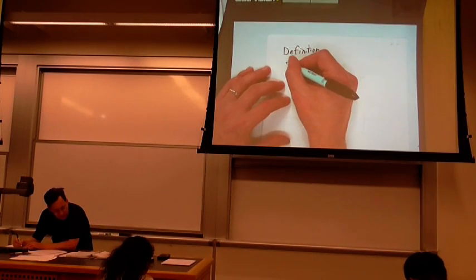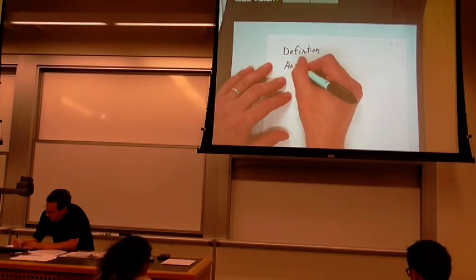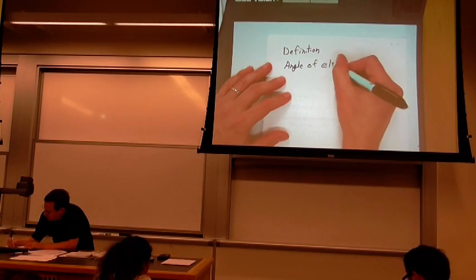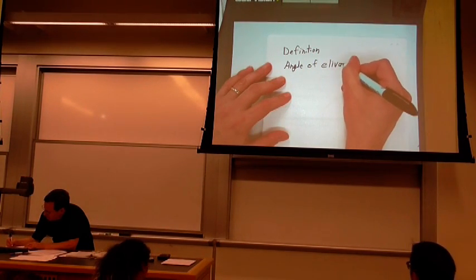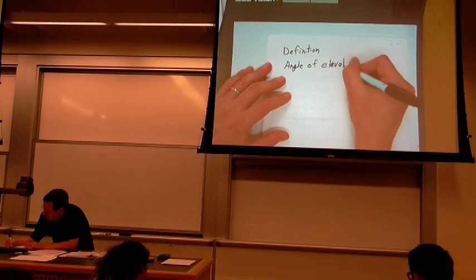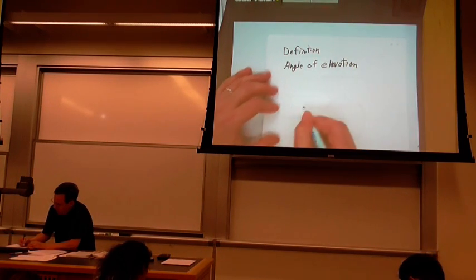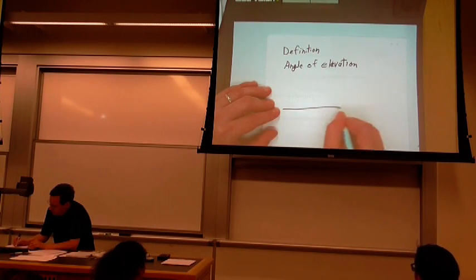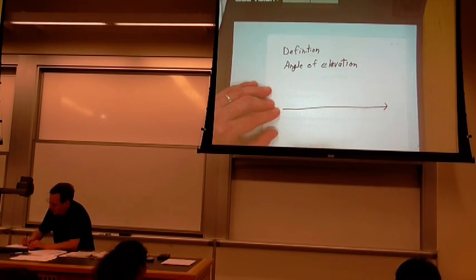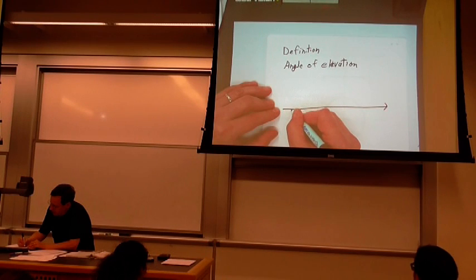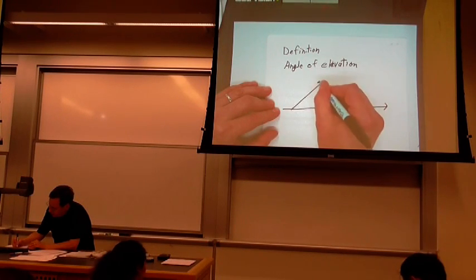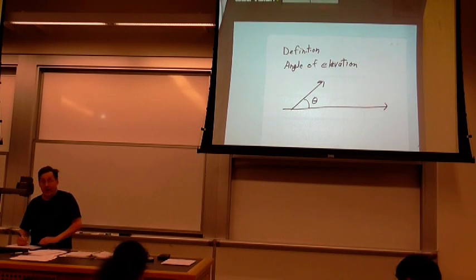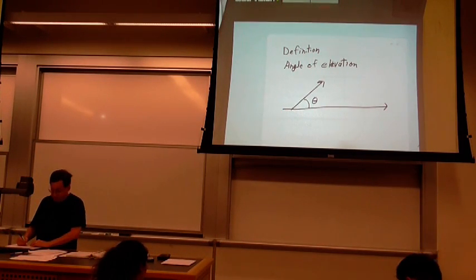The first is the angle of elevation. And what that refers to is if you have some kind of horizontal line here, and then you pick some angle above that, that's an angle of elevation.